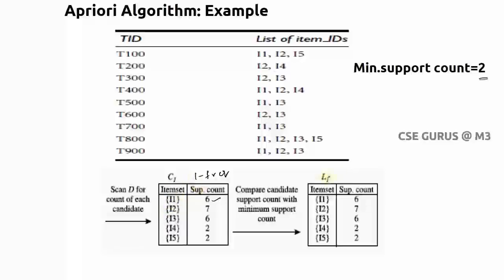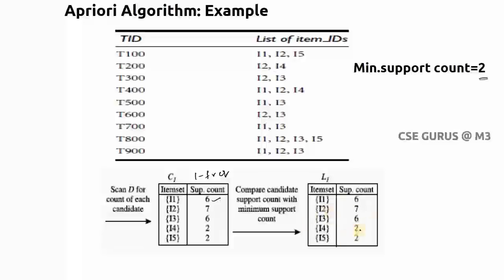In the next steps we'll find 2 frequent, then 3 frequent, and so on. After finding the support counts of the one frequent item sets, compare them with the minimum support count, that is 2. How many items satisfy it? If you observe, all the items satisfy the minimum support count, since at least 2 should be the support count. So all are satisfying. Write all those things.